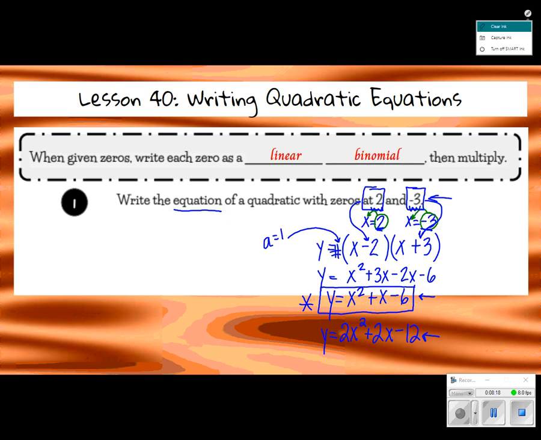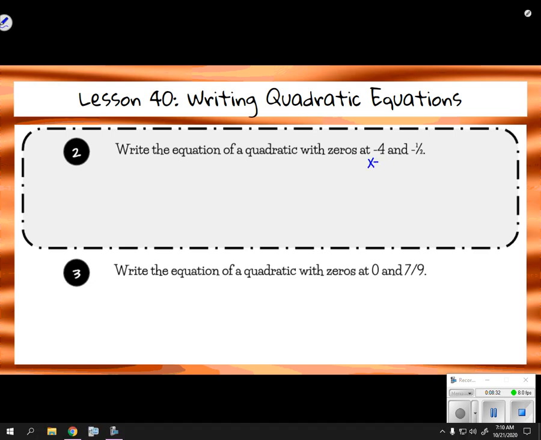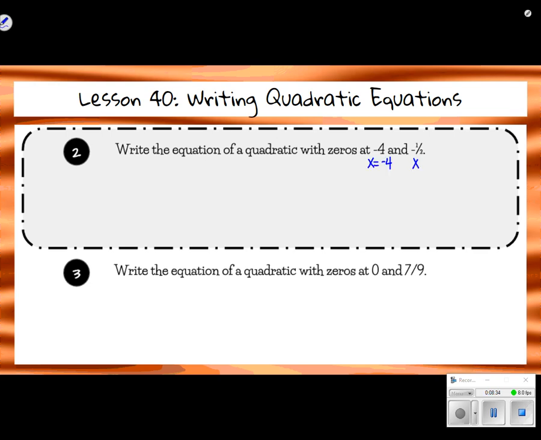Let's look at another one. We're going to write the quadratic equation with zeros at negative 4 and negative 1/2. So we actually have two options here. So remember, we're going to have x equals negative 4, x equals negative 1/2. And we've got to get those back into the parentheses. I'm going to put a y equals in front to remember that this needs to be an equation.